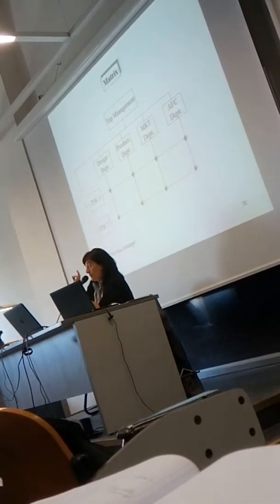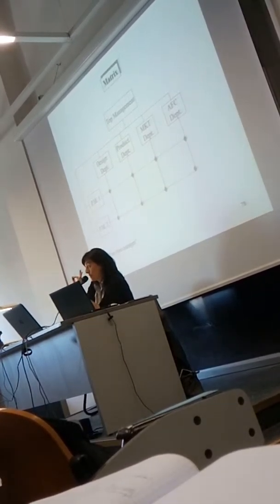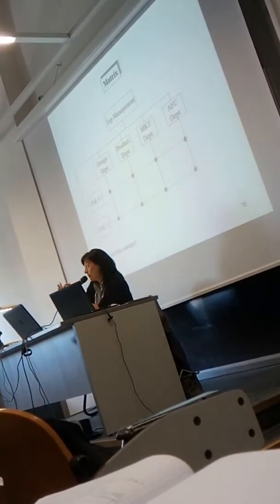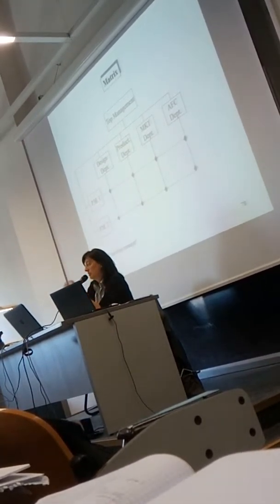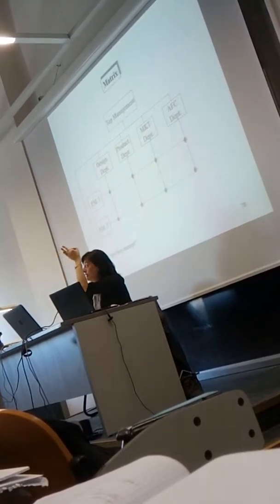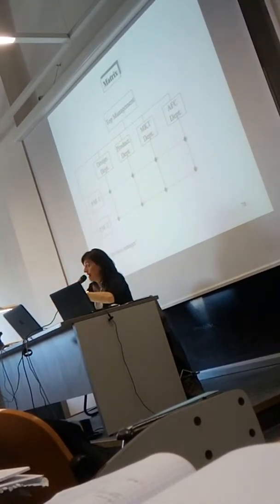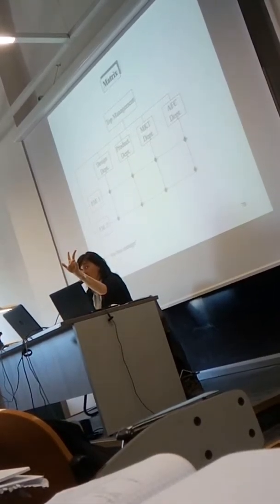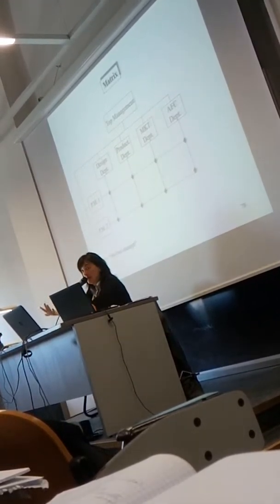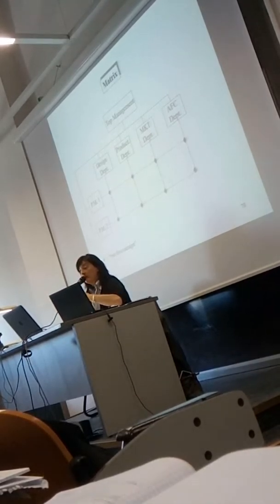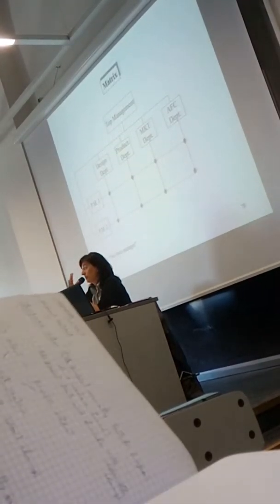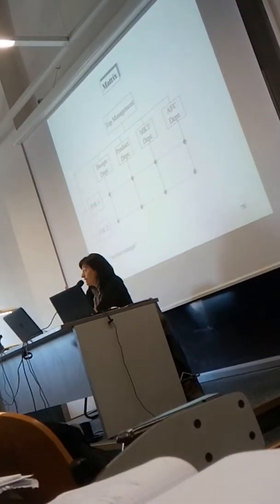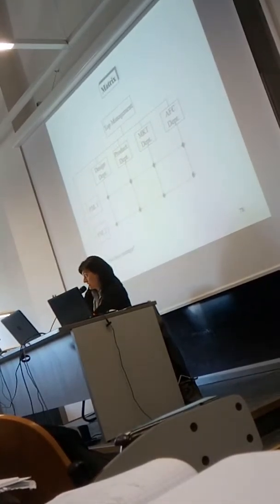But the third level is represented by the two-boss managers that usually receive different orders from the responsible of the functional area and the manager of the business unit. Okay, so the third level is represented by the two-boss manager. Under the two-boss managers, it's possible to identify the fourth level that is represented usually by operating units.